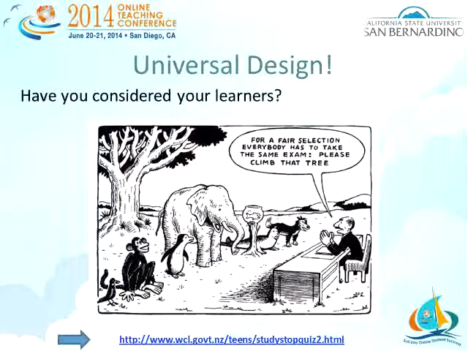Now, within accessibility, I love this graph that I like to use until I get tired of it. As you can see, it says for a first selection, everybody has to take the same exam. Please climb that tree. But then you have the monkey, a penguin, an elephant, a fish, a seal, and a dog.